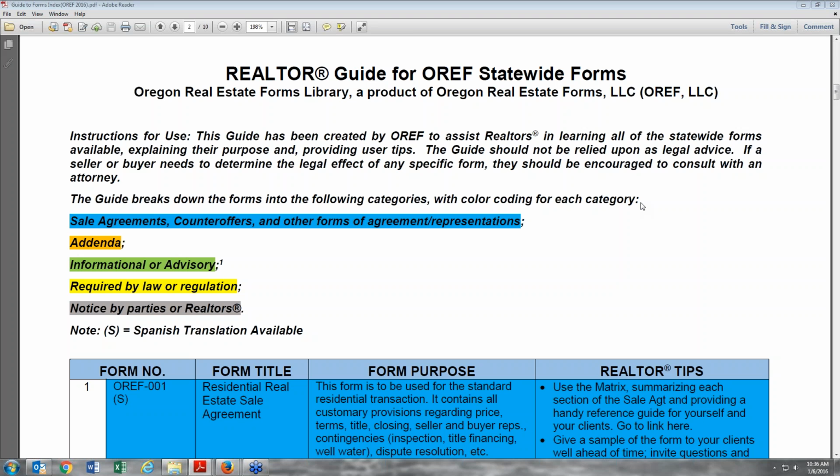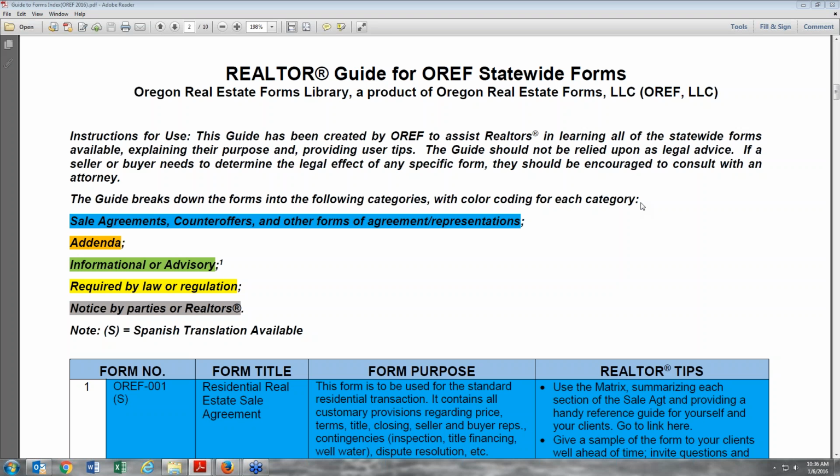If you're listing a property, you can tell your client, here's the document that you're going to be getting in the form of an offer, and if you want to, take a look at this matrix, and it'll give you a breakdown of all of the sections that will apply.